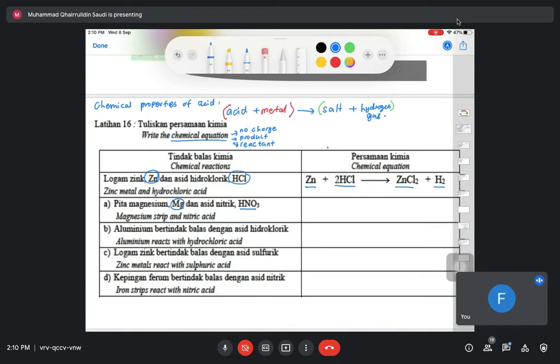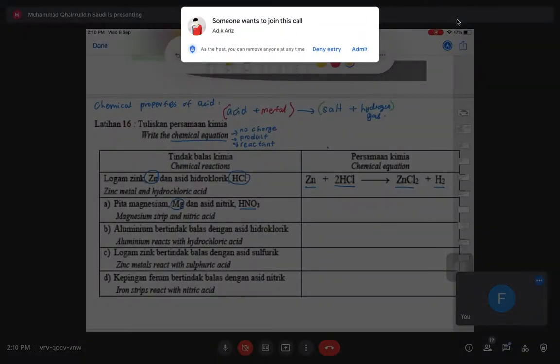First we write down the ions for the acid. The ion for the acid will always be hydrogen ions, and the anion for the acid is nitrate ions. And the metal is magnesium.